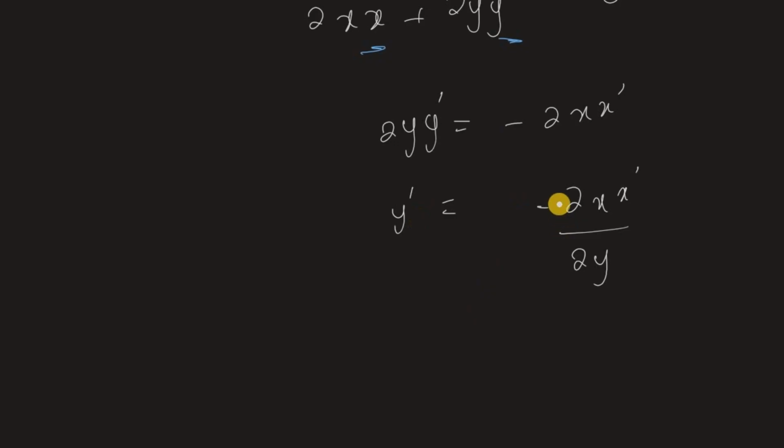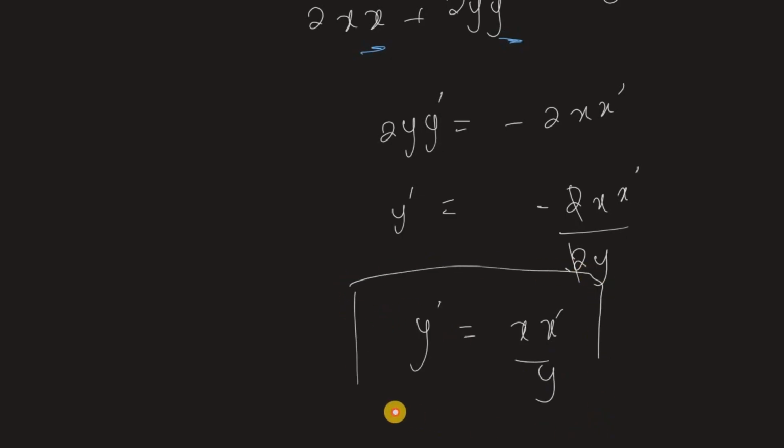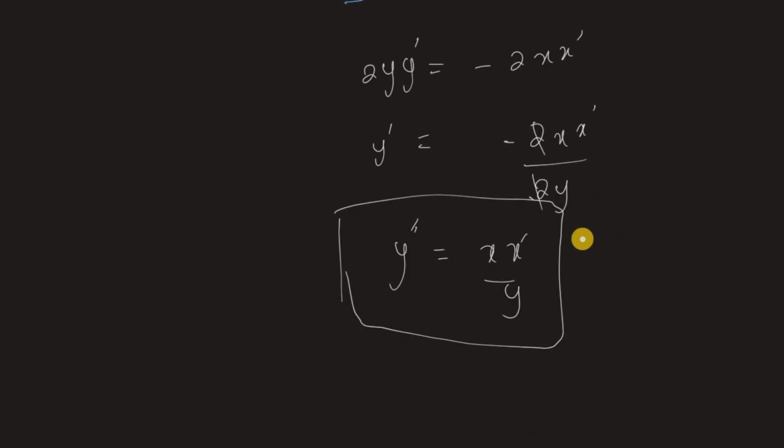This is basically our equation. We cancel out the like terms, the 2 and the 2. So x x prime over y is basically our y prime, but this is our equation, not the value, and we are looking for the value, the rate of change itself. So this equation is going to help us find it.